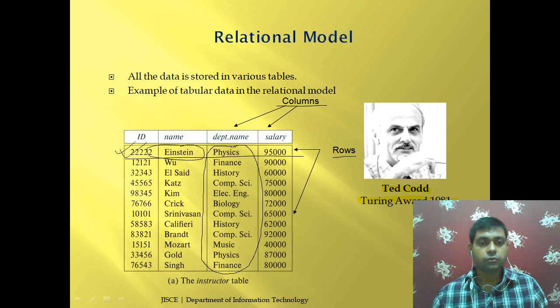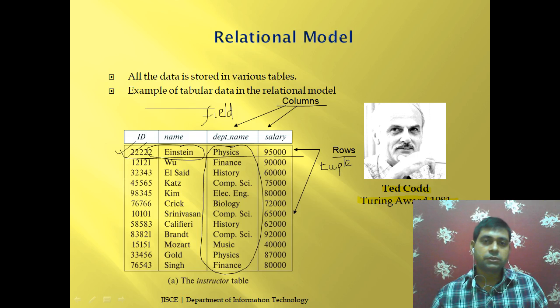This is also known as a field. And rows are also termed as tuple. So every tuple contains 4 fields for this particular instructor table.